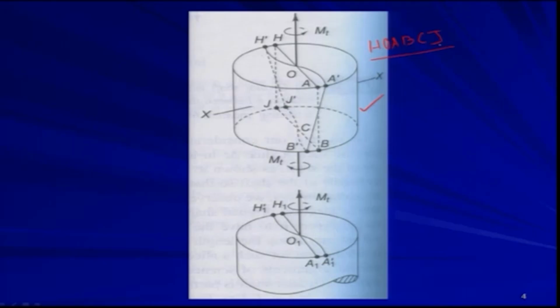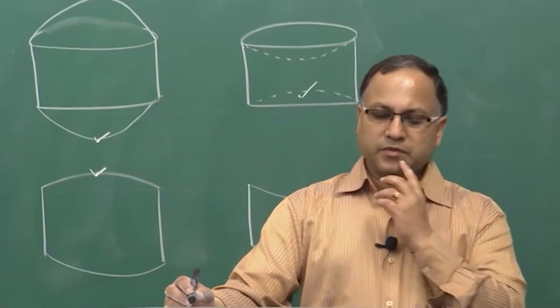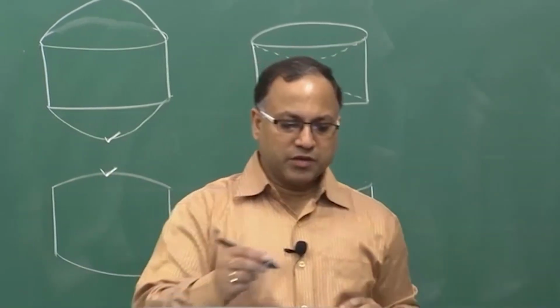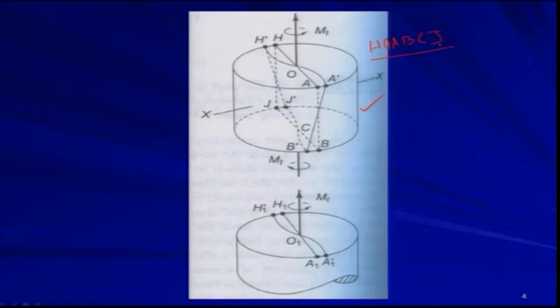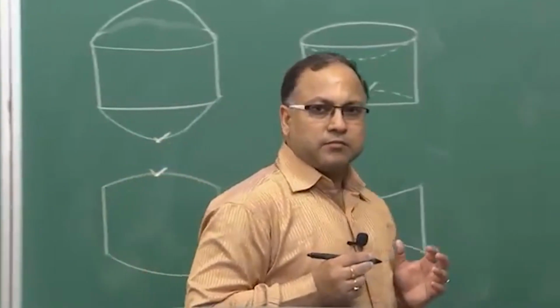So, before deformation I am considering one plane in this segment, under the action of this twisting moment. Now, after application of the twisting moment, this plane is taking the shape H prime O A prime B prime C J prime. So, after application of the twist, let us say it is taking the shape like that.